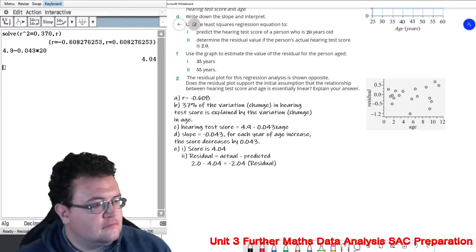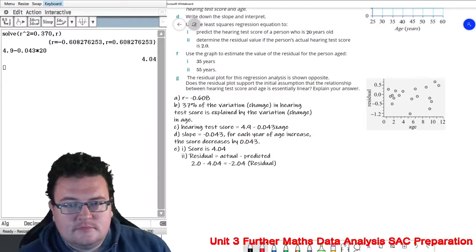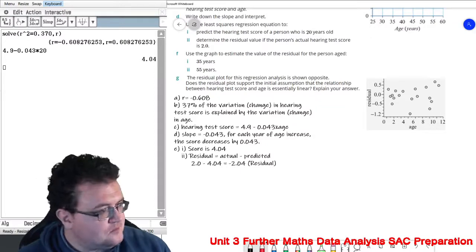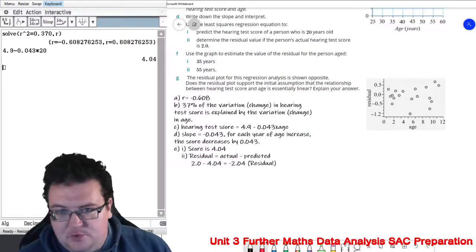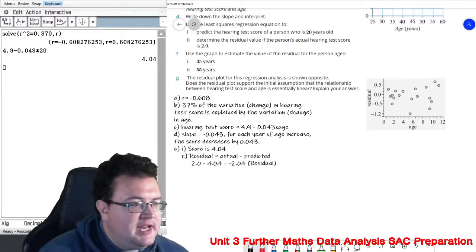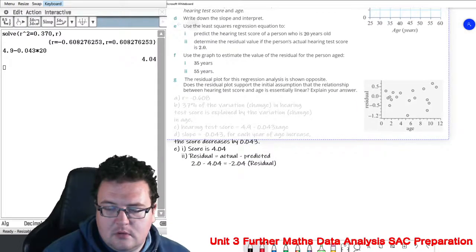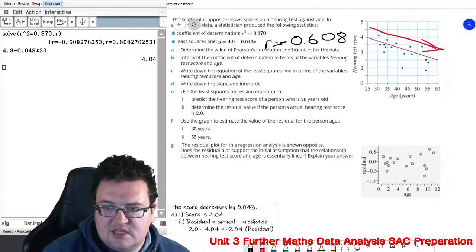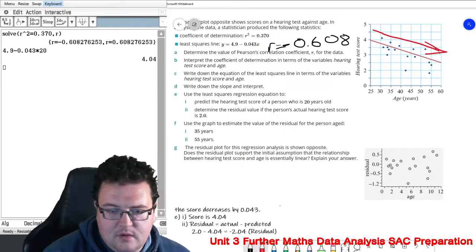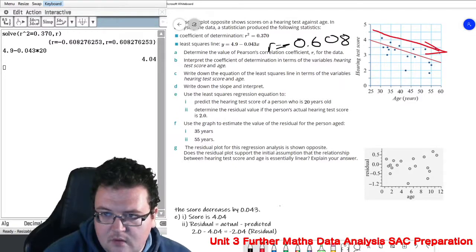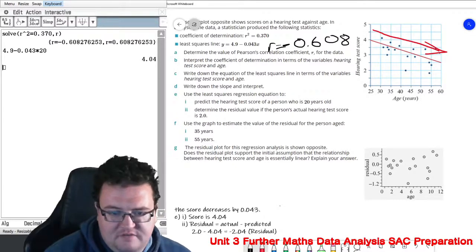All right. Now, what we need to do is we need to take our data. There's our scatter plot there. And question F says use the graph to estimate the value of the residual for the person aged 35 and the person who is aged 55.